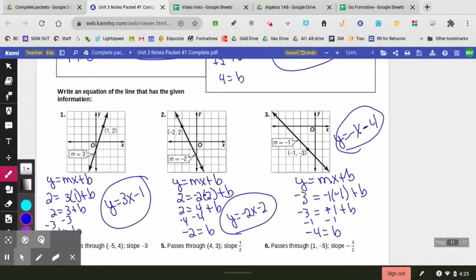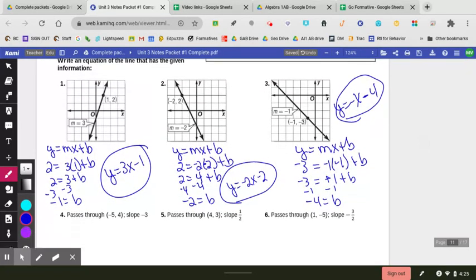Okay, so it turns out all of these were going through the y-axis exactly where it looked like. So number 1, you should have come up with y equals 3x minus 1. 2, you should have come up with y equals -2x minus 2. And 3 was y equals -x minus 4.